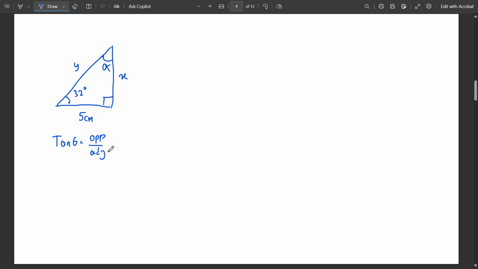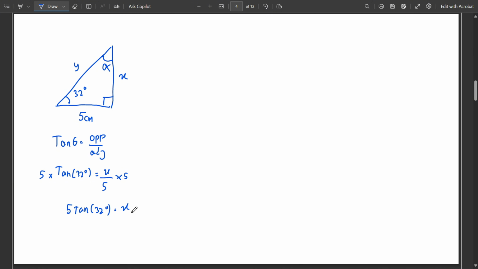So tangent of 32 degrees is equal to the opposite x over the adjacent 5. Using simple algebra, times 5 on both sides, we get 5 tangent 32 degrees is equal to x.